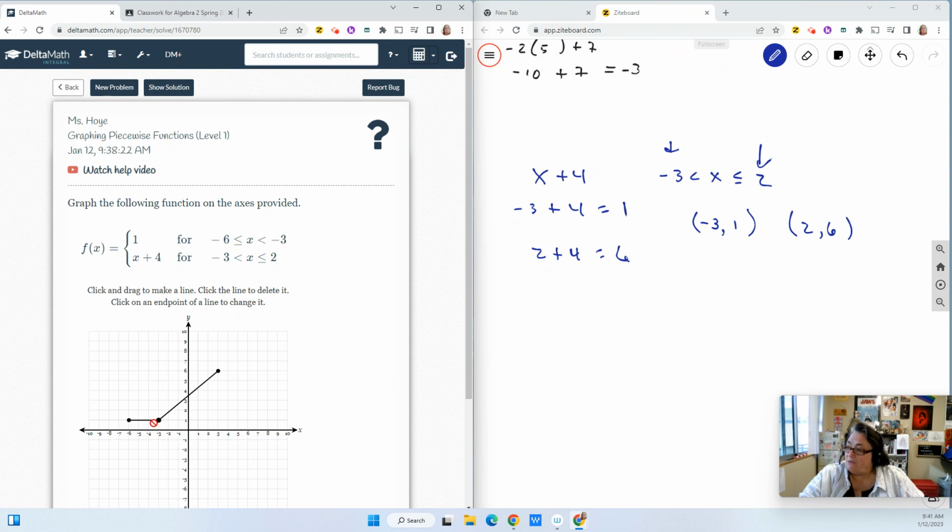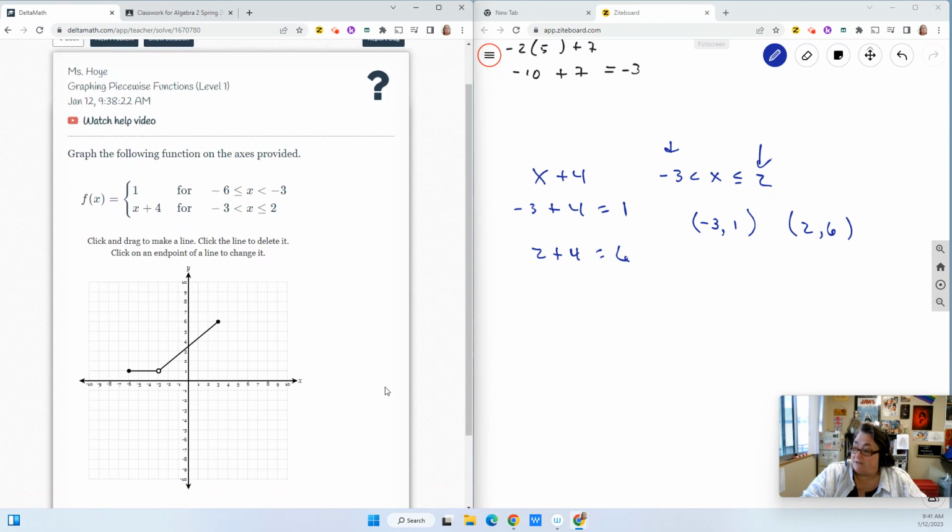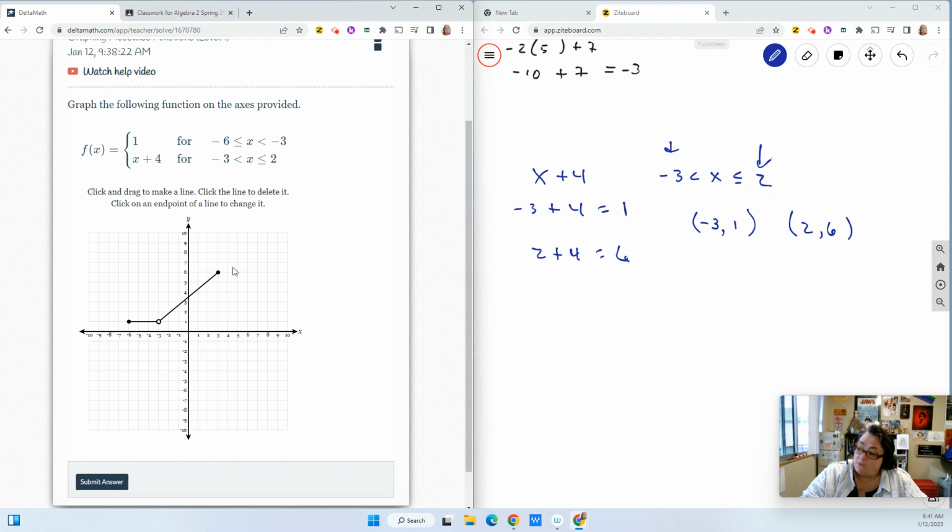So where it was open for negative 3 here, it's closed. Oh, no, it's still open. It doesn't equal negative 3 in either one of those, right? But this 2, 6, we've got that line underneath, and so that's going to be a closed dot. So both equations, notice, share this point at negative 3.